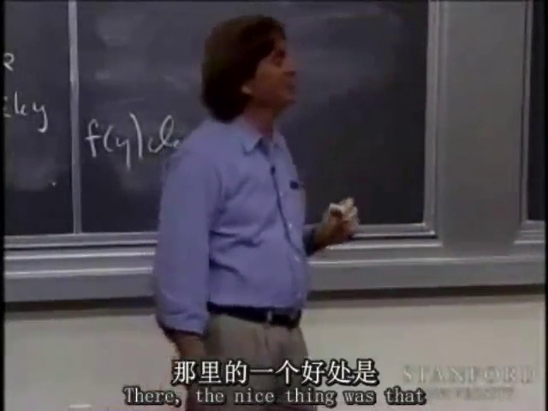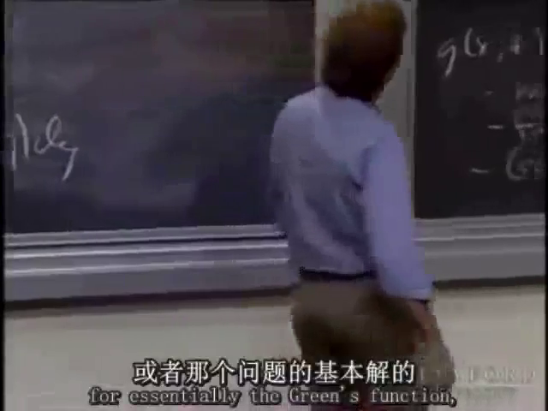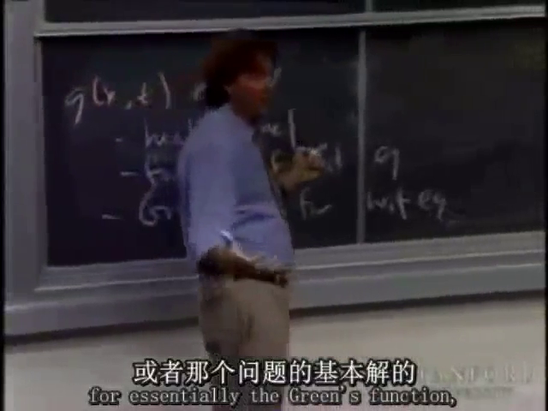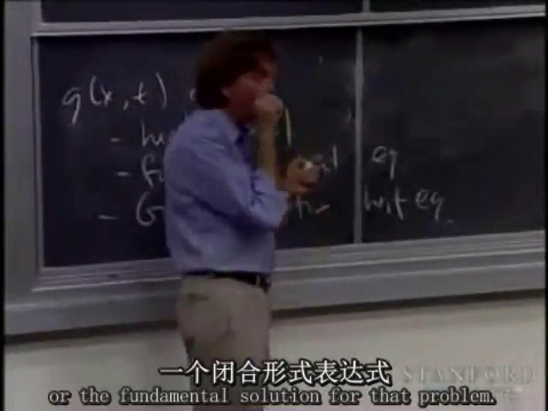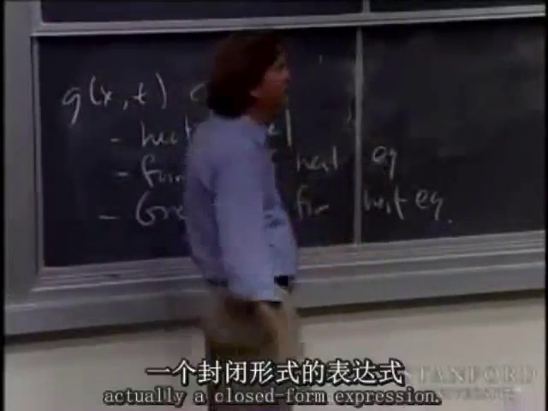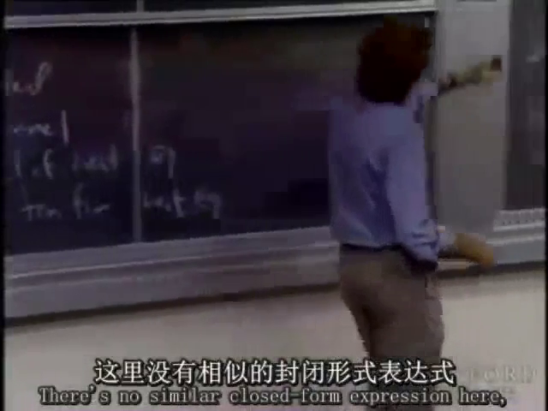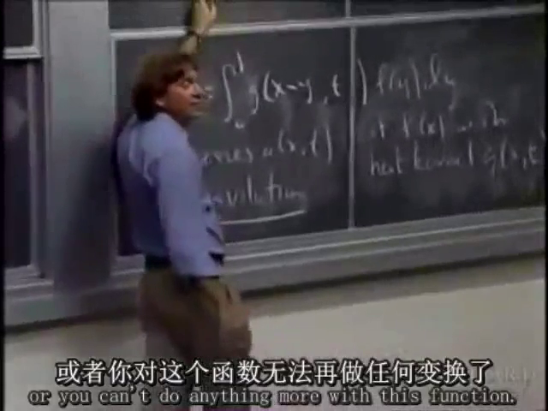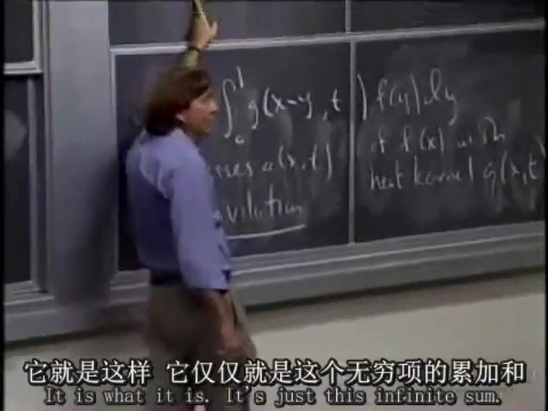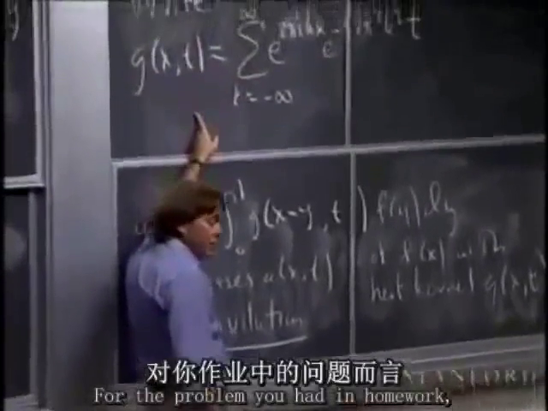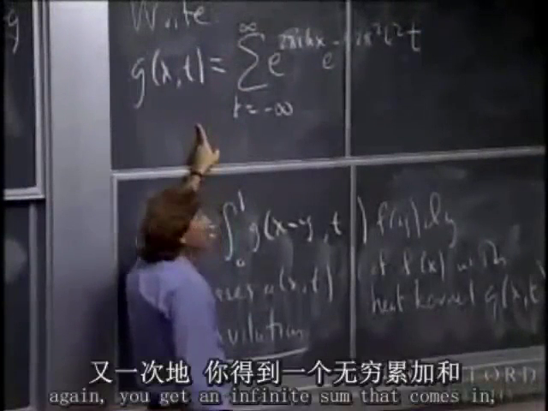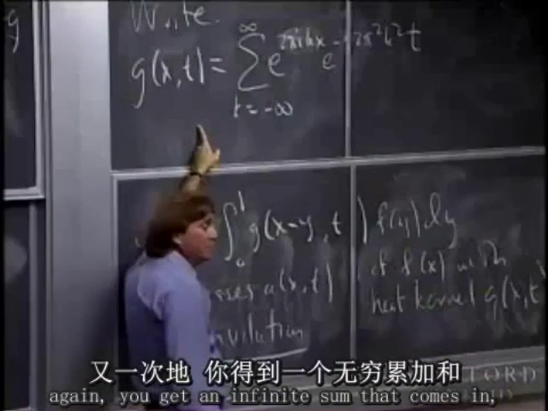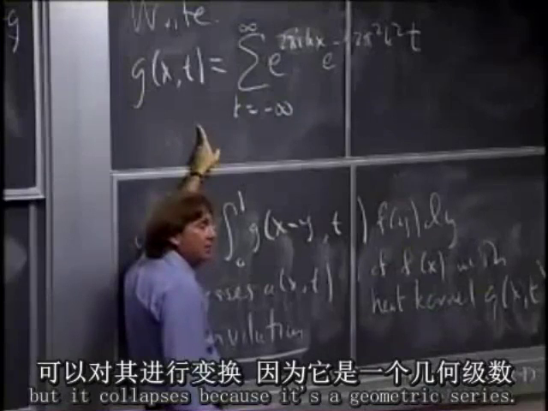There, the nice thing was that you actually got a closed-form expression for essentially the Green's function, the fundamental solution for that problem. The Poisson kernel is actually a closed-form expression. There's no similar closed-form expression here. You can't do anything more with this function. It is what it is. It's just this infinite sum. For the problem you had in homework, again, you get an infinite sum, but it collapses because it's a geometric series.